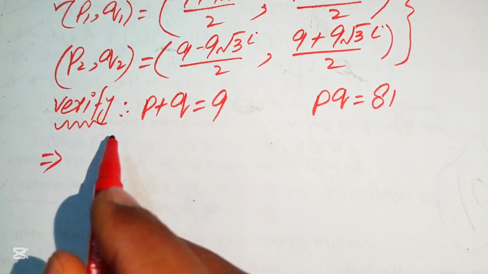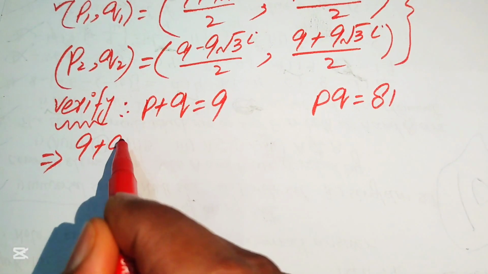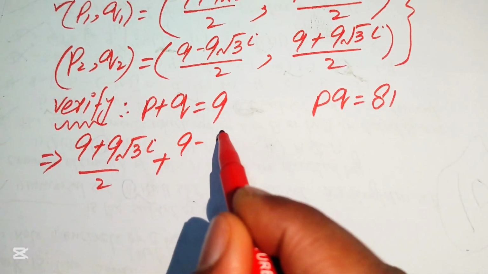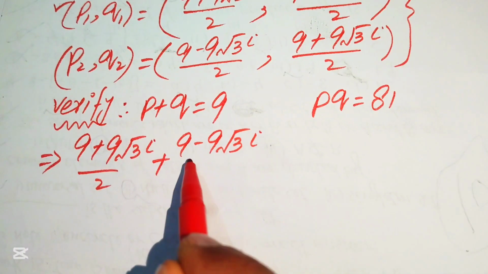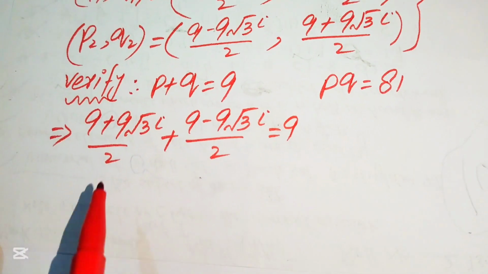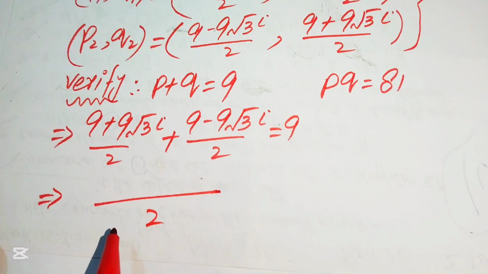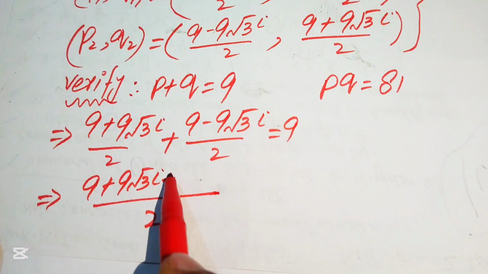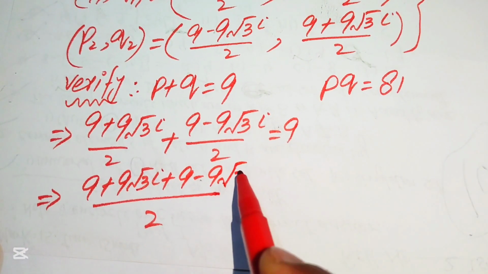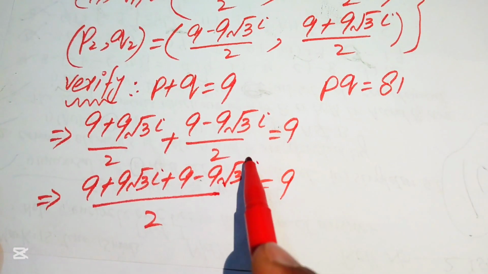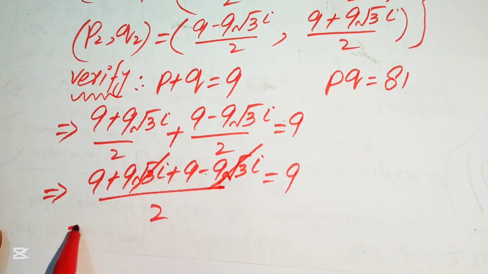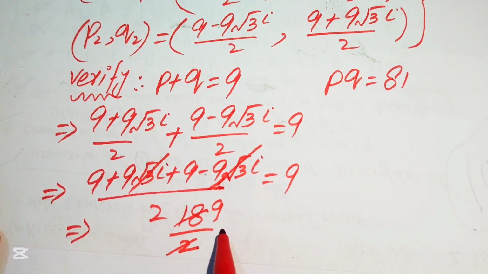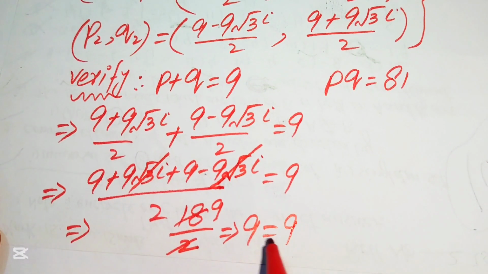So p + q, where p is (9 + 9√3 i)/2 and q is (9 − 9√3 i)/2, equals 9. We take the LCM, which becomes 2, and we get 9 + 9√3 i + 9 − 9√3 i equals 9. These two terms cancel each other, and we get 9 plus 9 is 18 over 2, and two 9s are 18. So this implies that 9 equals 9.